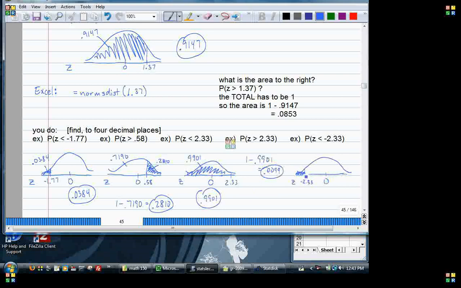You work this out and what do you get? Which one is it? Bovie, look at the picture. Could that area possibly be 0.9901? There's no way. Right. You work it out and you get 0.0099.